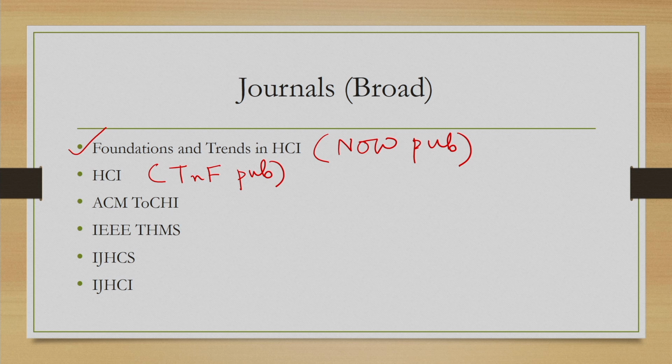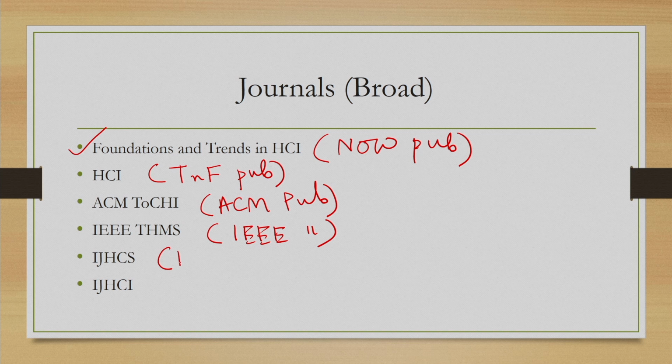We have ACM Transactions on Computer Human Interaction or TOCHI. This is by ACM Publishing. IEEE Transactions on Human Machine Systems, by IEEE. International Journal of Human Computer Studies or IJHCS.